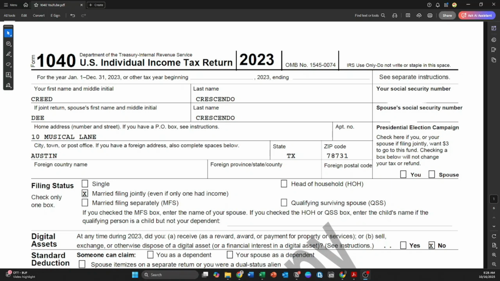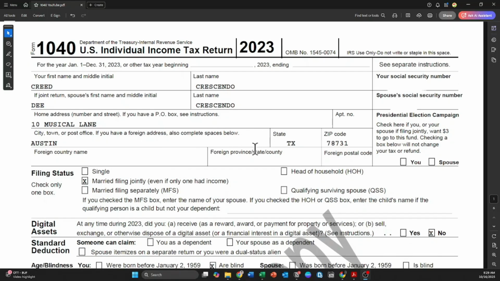So we are reviewing a return for the Crescendo family. I've hid the fake social security numbers just in case, you never know in today's world. When you first read a 1040, this is all just the information for the family or for the person you're preparing it for.